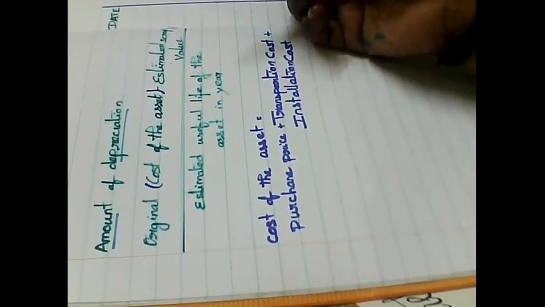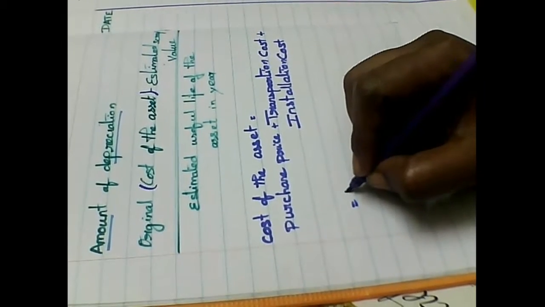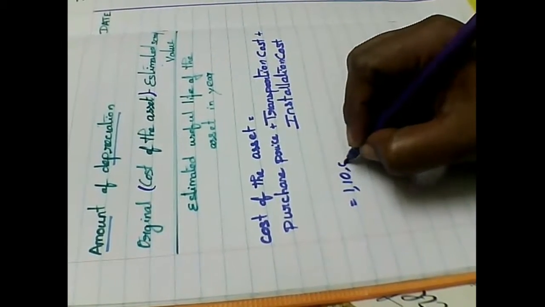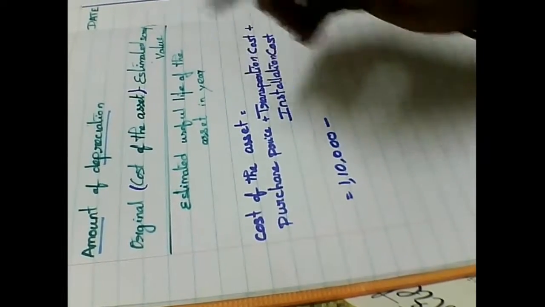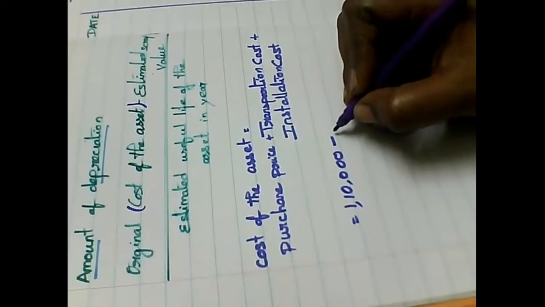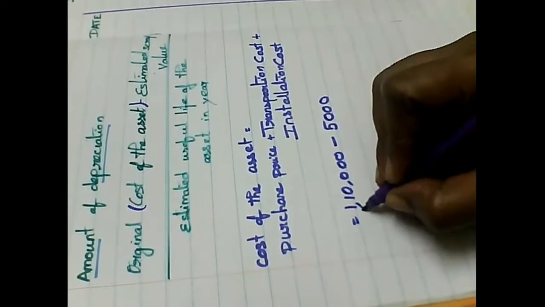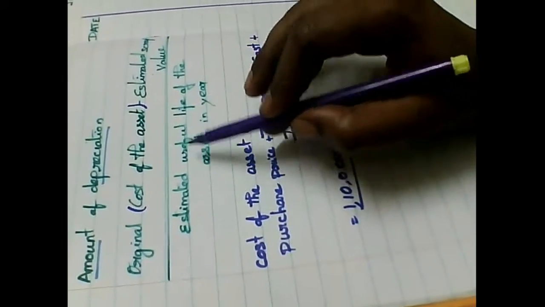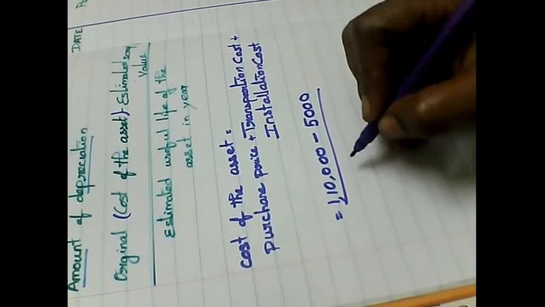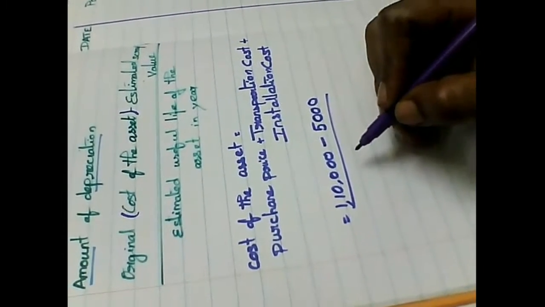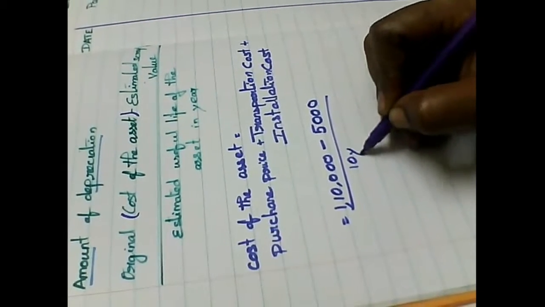In this sum, the cost is 1,10,000 minus the estimated scrap value. It is given in the question, that amount is 5,000, divided by the estimated useful life of the asset in years. The useful life is 10 years.